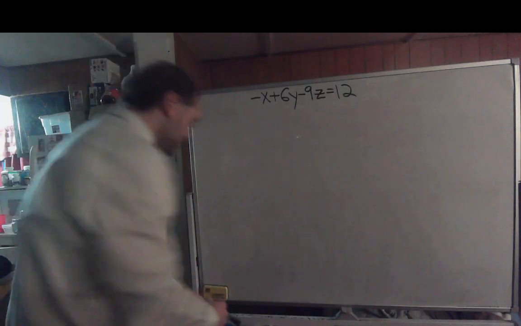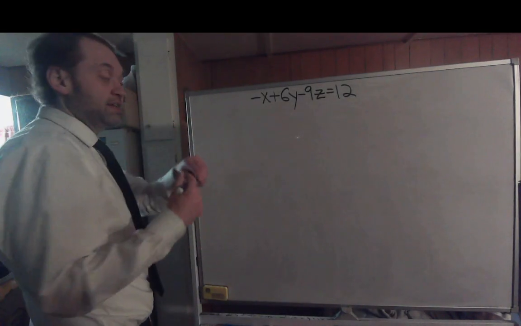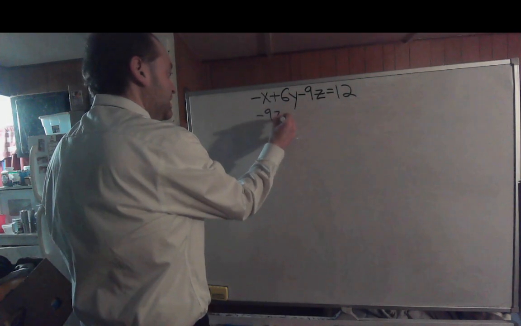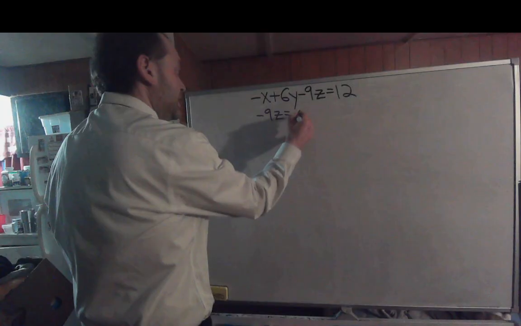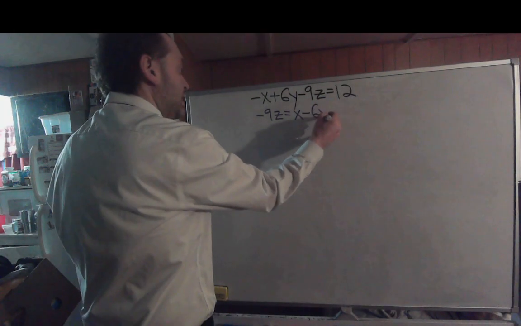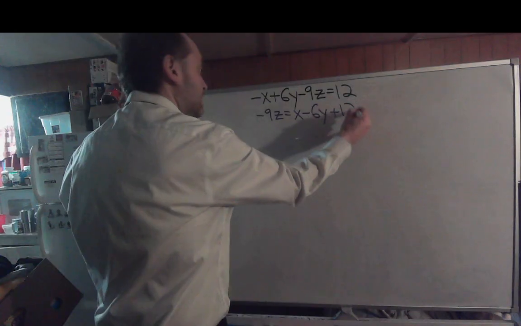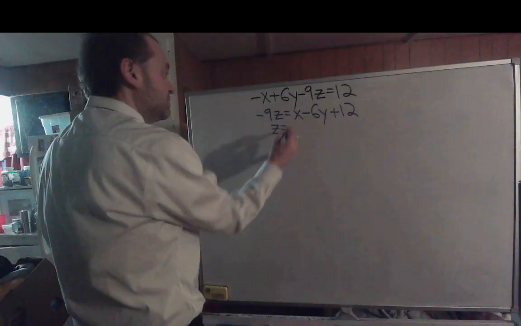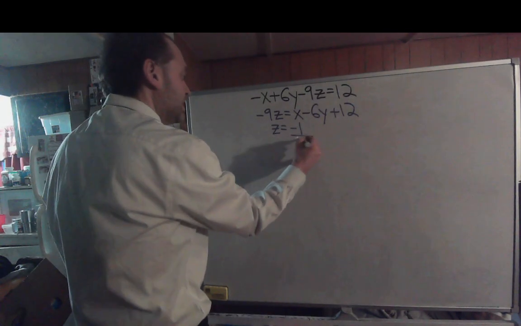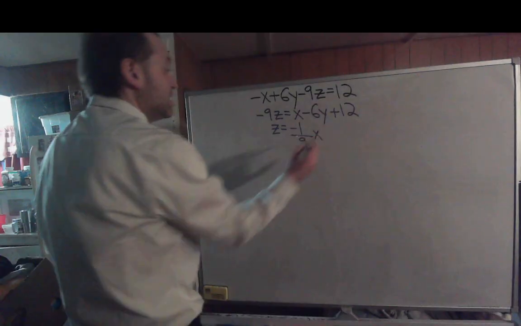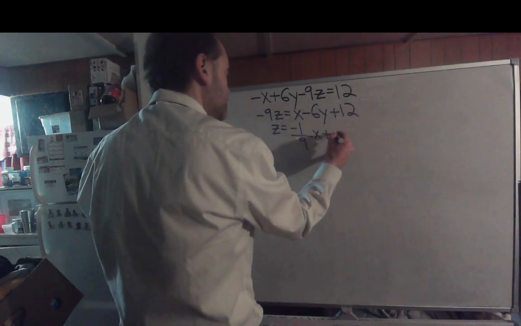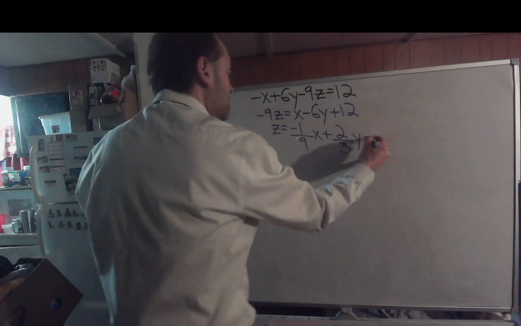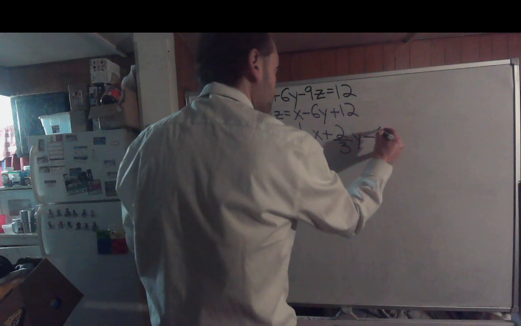Well, of course, let's start out by getting the z by itself. That's going to start out with -9z equals x minus 6y plus 12. Now divide everything by -9, and you'll get z by itself. That's going to equal -1/9 x plus 2/3 y minus 4/3.